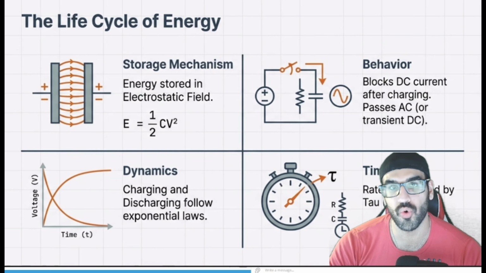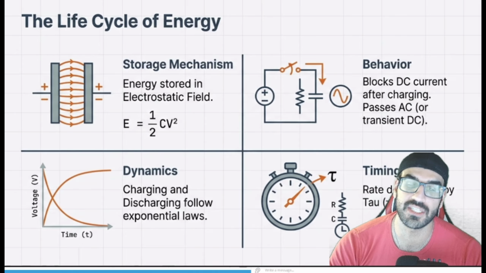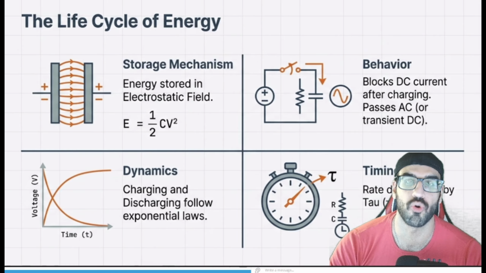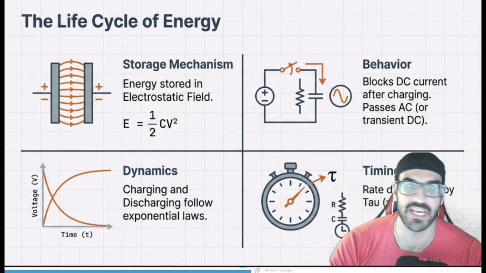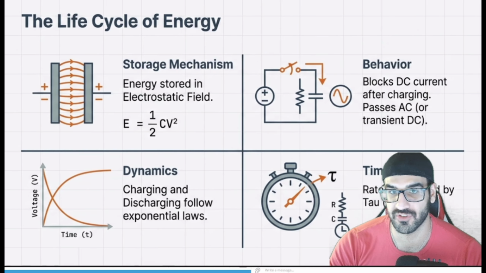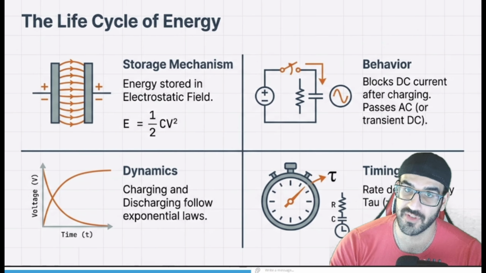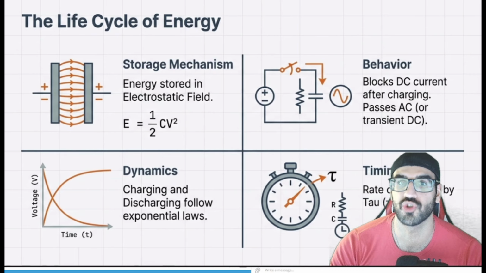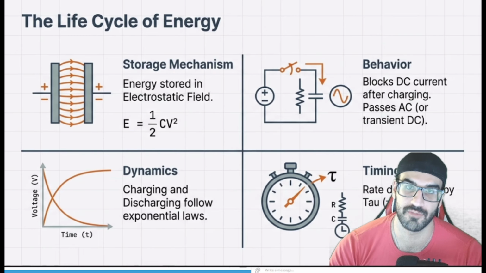It opposes the whole thing, and at the end of the day, whatever voltage this guy stores is going to fight completely against your main voltage. That's why at t equals 0, your capacitor is acting as a short circuit. It doesn't have any energy or voltage, and after some time, after 5 tau or full charging, we are going to have a completely open circuit, because those voltages are the same and fight against each other.